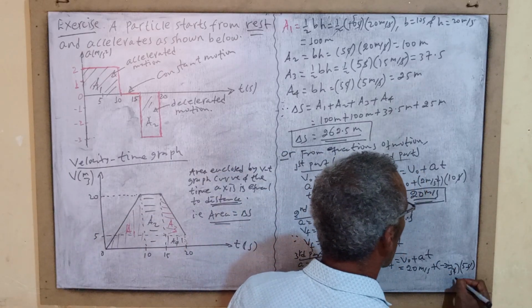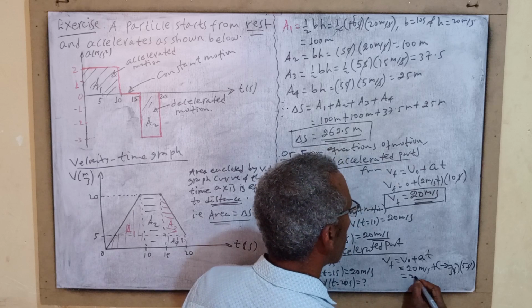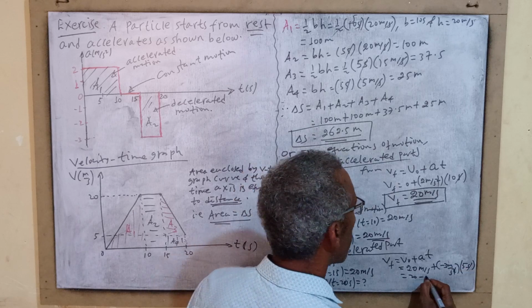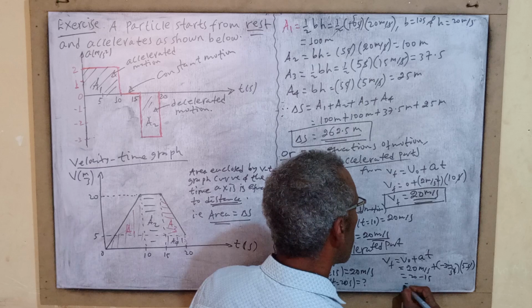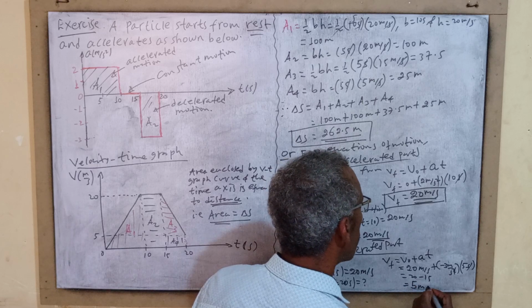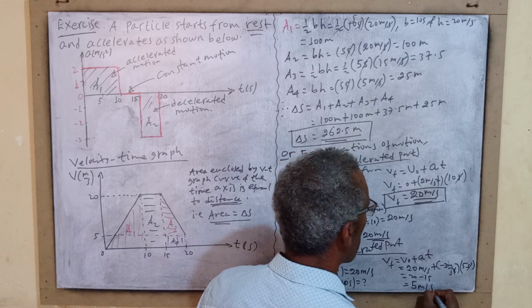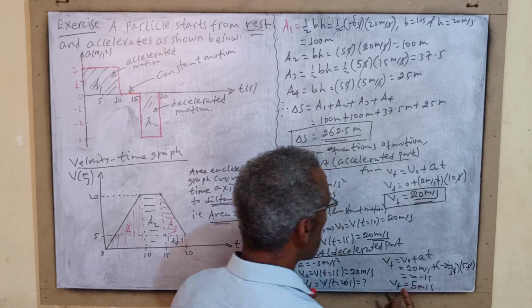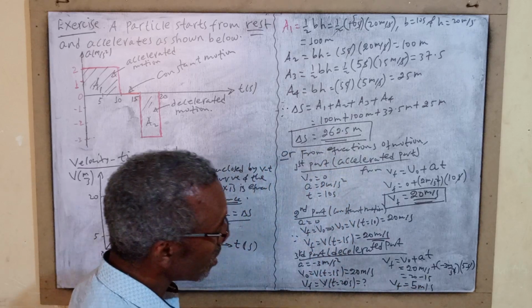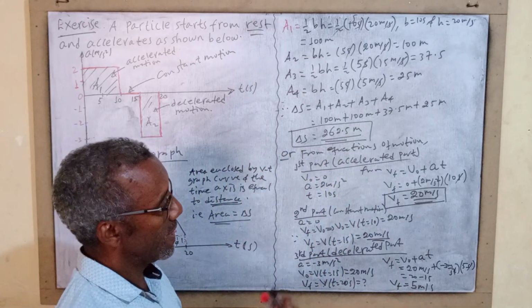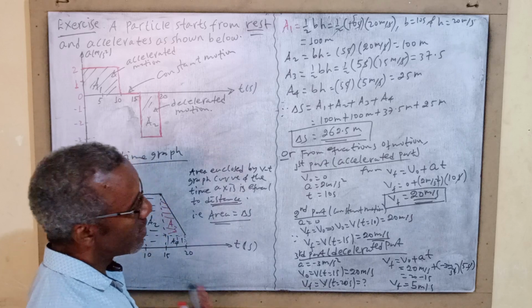Second goes with second. This is equal to 20 minus 3 times 5, which is 15. 20 minus 15 is equal to 5 meters per second. This is the speed at t equals 20 seconds.